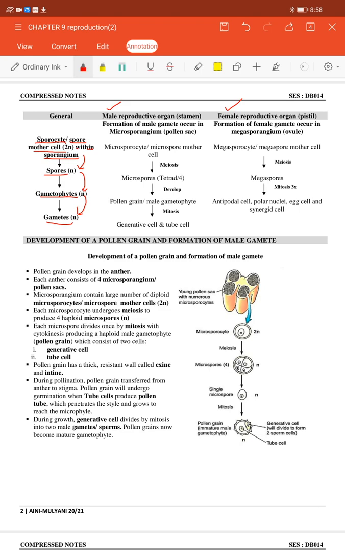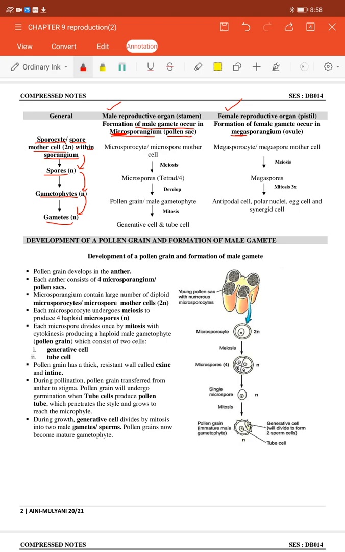Here is the example of reproductive organs for male. The formation of male gametes occurs in the microsporangium, which is the pollen sac. Basically you have to remember male involves micro, so male is micro while female is mega.